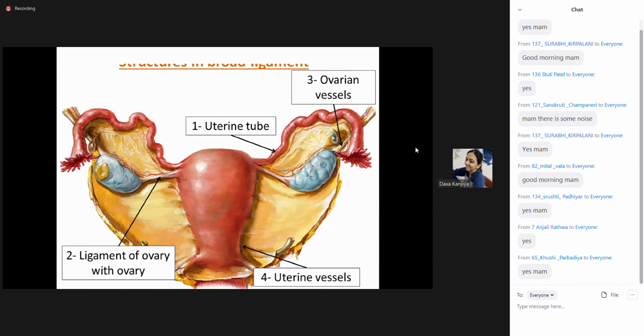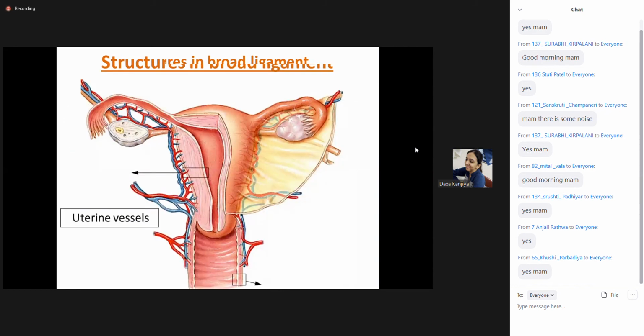Uterine vessels enter into the broad ligament from the lower border, run between the two layers, and the round ligament of uterus. So these are the main contents covered by the broad ligament. Here you can see the relations of uterine vessels and ovarian vessels.